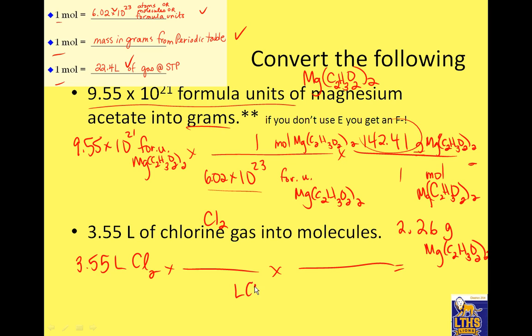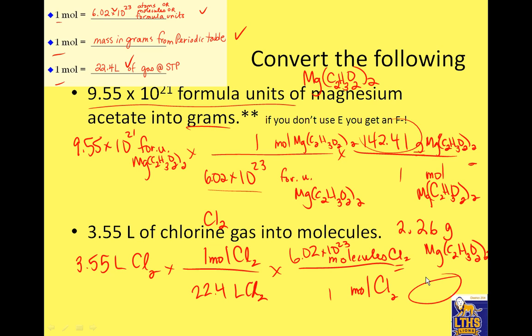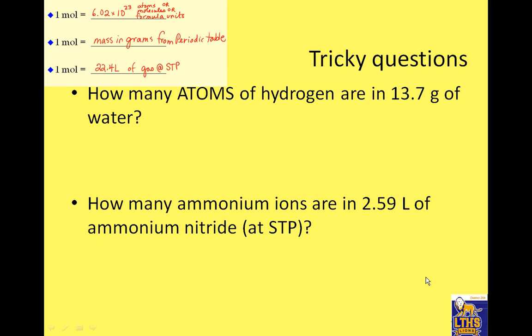I have to get rid of liters of Cl2, and that's for 1 mole. And then change moles into molecules because they represent chlorine. Molecules represent chlorine. Okay, so 1 mole is Avogadro's number of molecules, and make sure your conversion factors are true, 22.4 liters. Okay, you do that answer and then we'll see what we get in class.